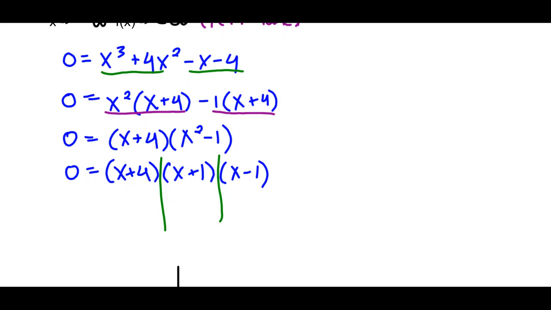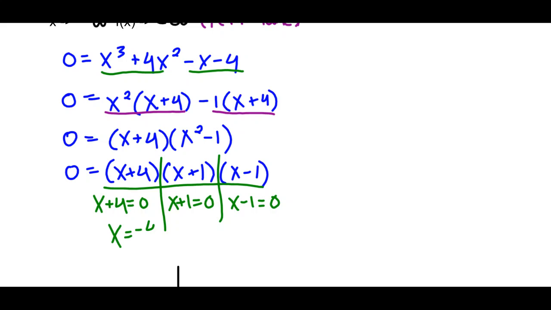Once we're there, we can do a t-chart, where we set each of the factors equal to 0. So then we get x equal to negative 4, x equal to negative 1, and x equal to 1. And those are the zeros. Those are the x-intercepts.